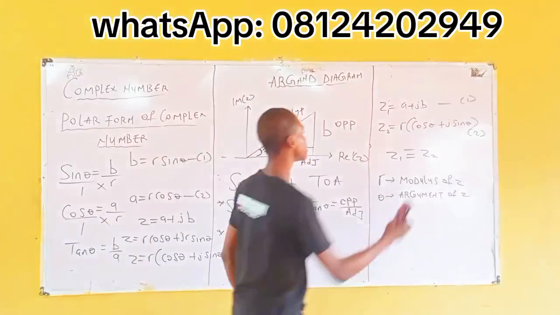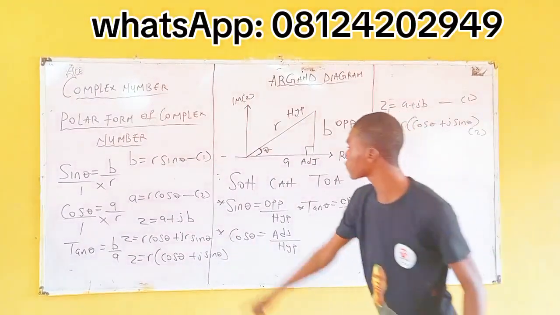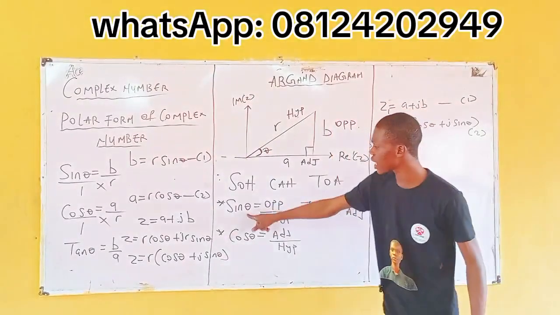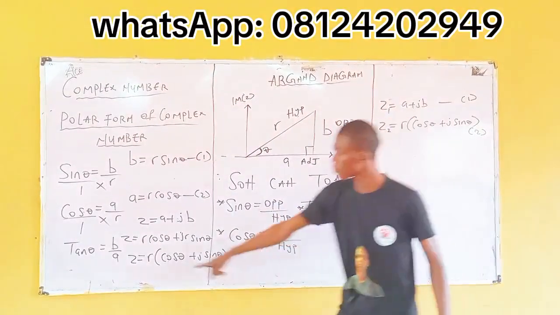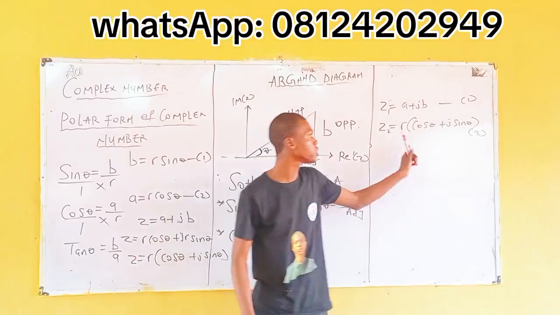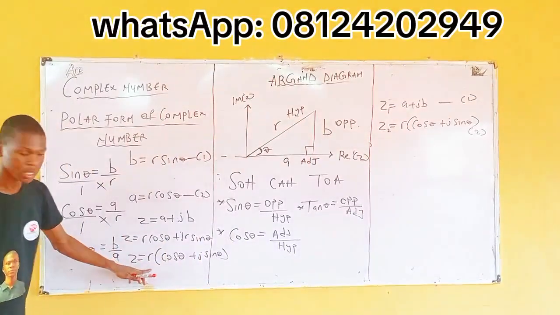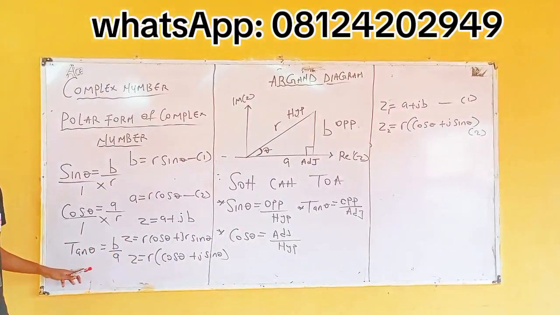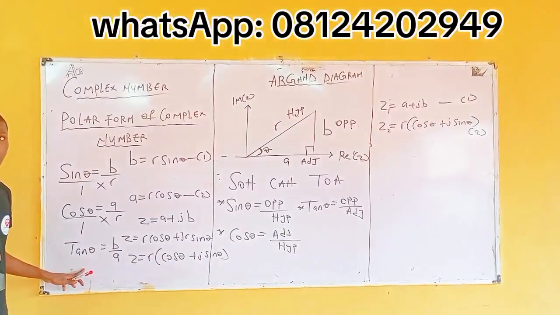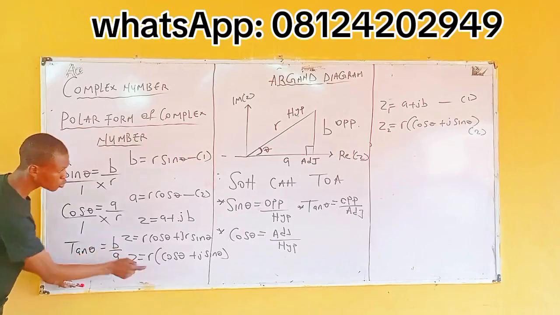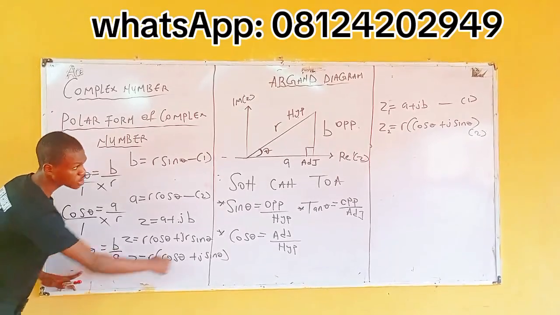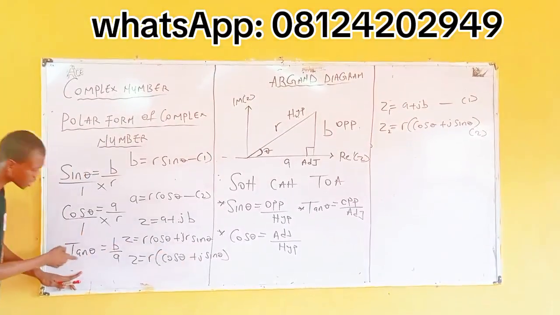To get your R and theta, from the illustration we did, from SOHCAHTOA, we've only used sine and cos. Now let's use theta. The angle you are seeing in this polar form is the theta that you are going to solve for using tan theta.